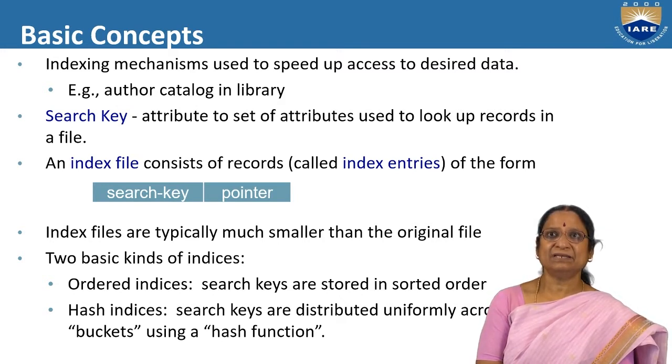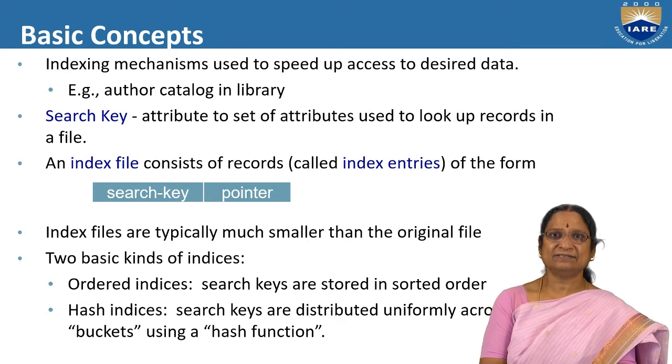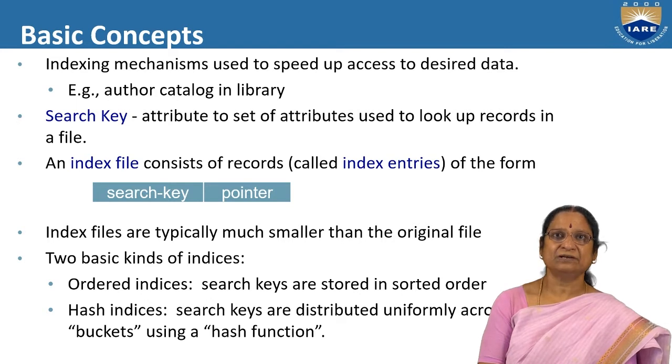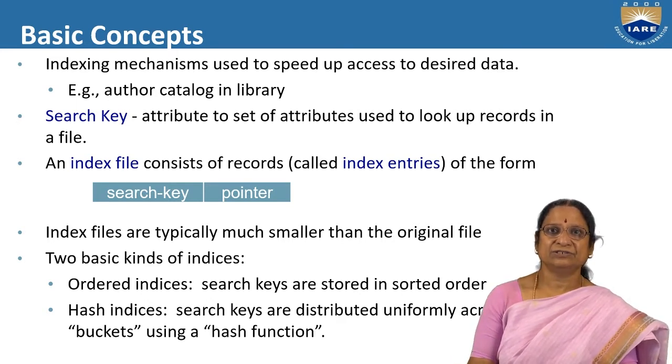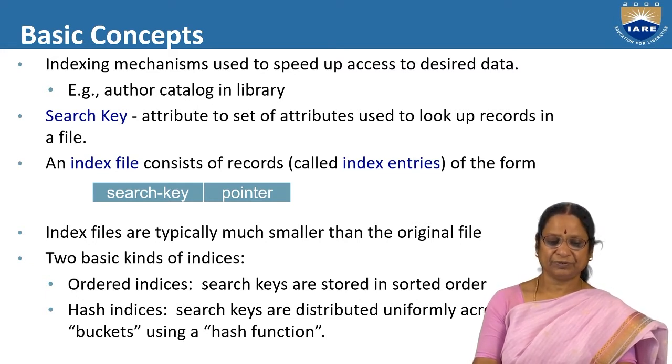Index mechanism is used to speed up the access of the desired data. That means if the data is organized as per the search key value, then the attributes of the search key will be used to look up the records in the file. An index in a file consists of two attributes: search key value and the pointer that is addressed to the respective record.